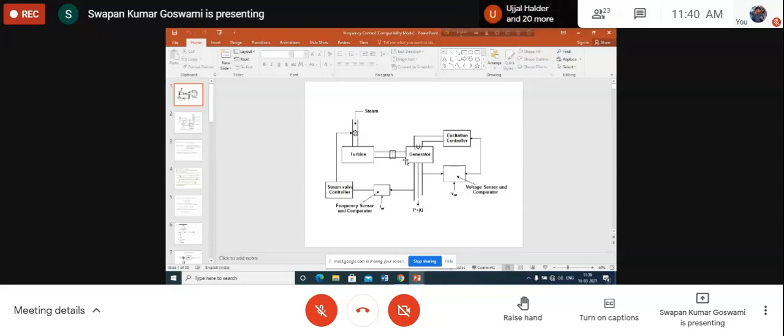And how can you control the rectifier to control the field current? Basically by increasing or decreasing the conduction period of the thyristor. That will be completed within half a cycle only, because in every half cycle you have to apply that control.